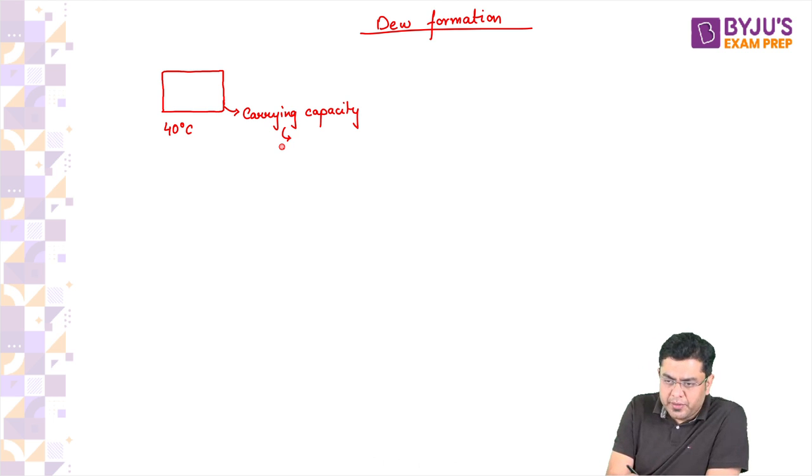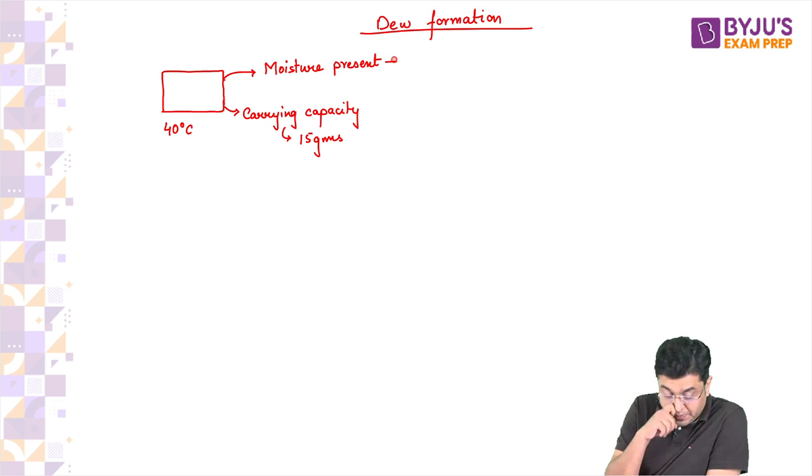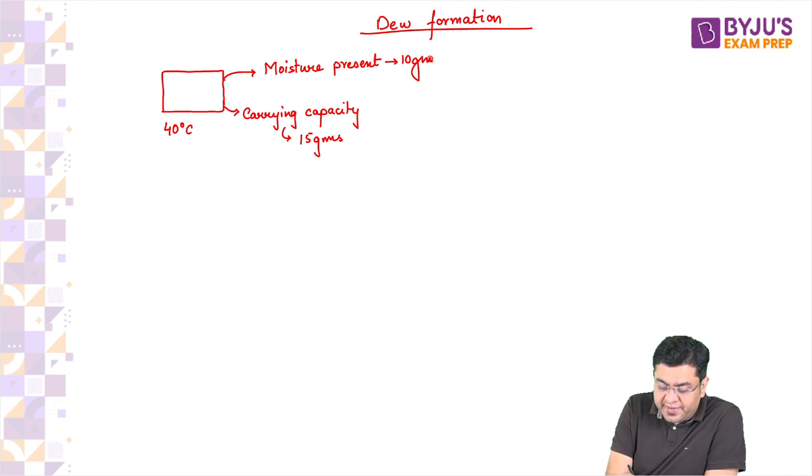Okay. So here, let's suppose the carrying capacity is 10 grams, or let's say 15 grams. Let's suppose the moisture present is 10 grams. Now, in this case, what will be the relative humidity?